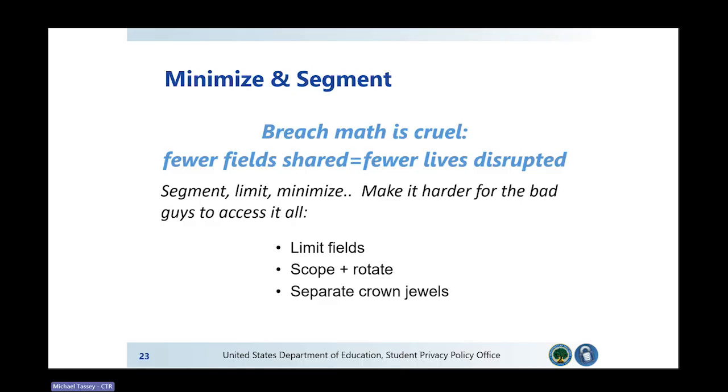And an added bonus here, segmentation speeds up your recovery, right? You can isolate systems and prevent damage, or if a system is damaged, isolate that system from the rest of the environment, helping you get your arms around what's going on and resolve it faster.